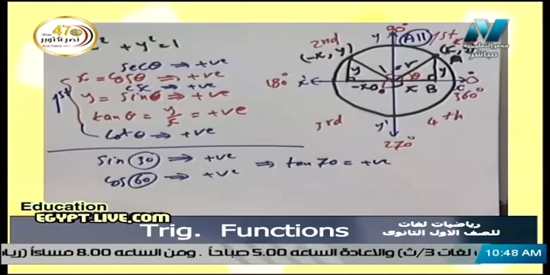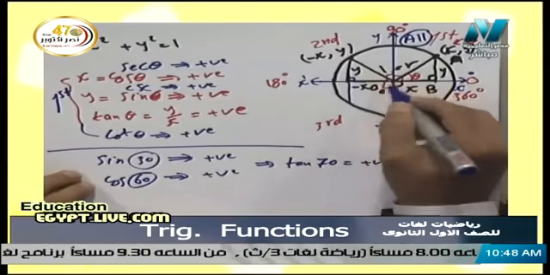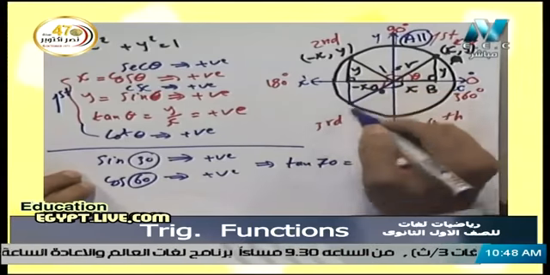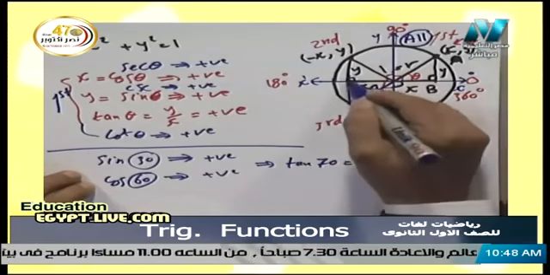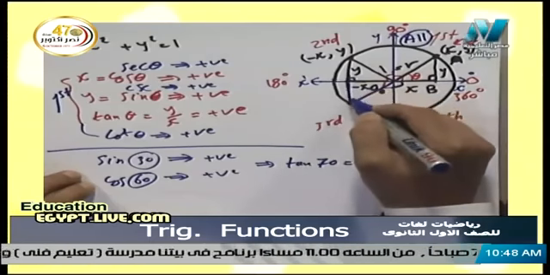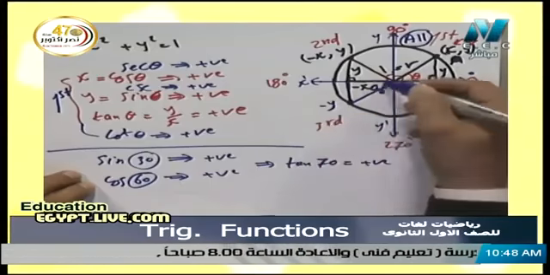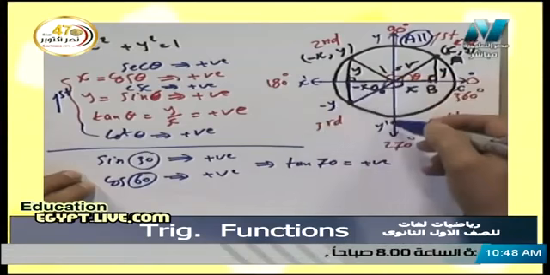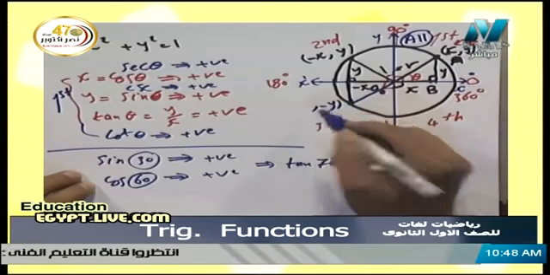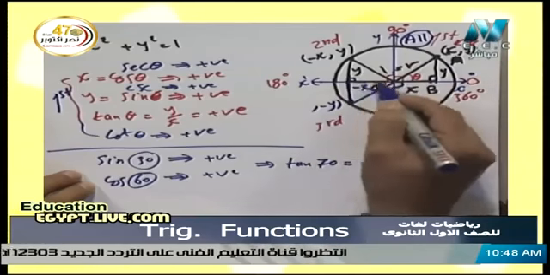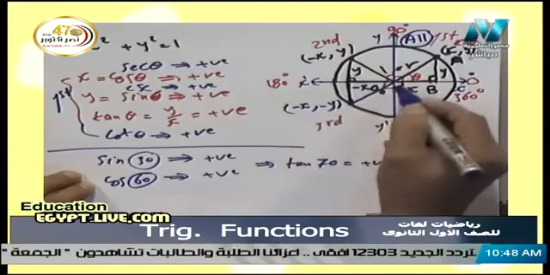Okay, let's move to this point here. We know this is the y part, and y here will be negative because it's below the x-axis, so y here is negative, and x here is negative also because it's on the left side.